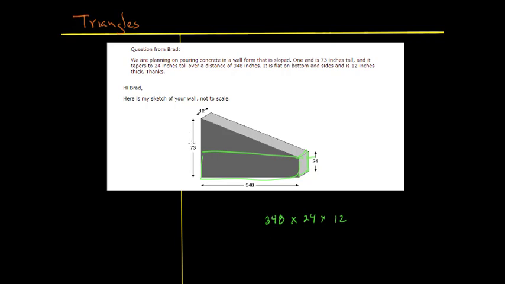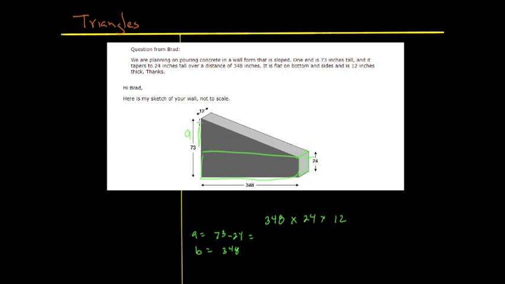So what do we know? We know we've got a side that is 73 minus 24. So that's going to be this side. We know we've got a side that is 348. So I'll just call this side A. And B is going to equal 348.